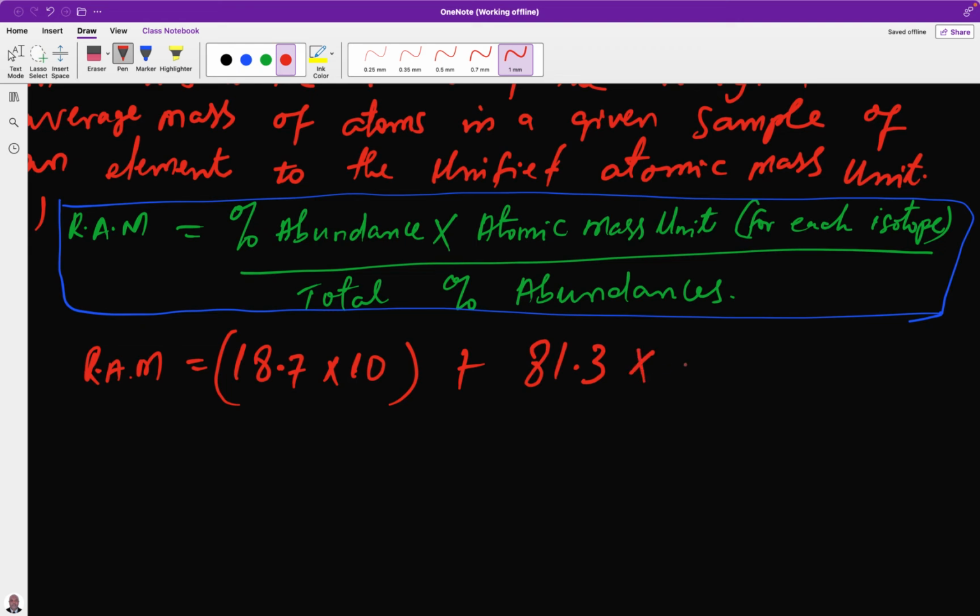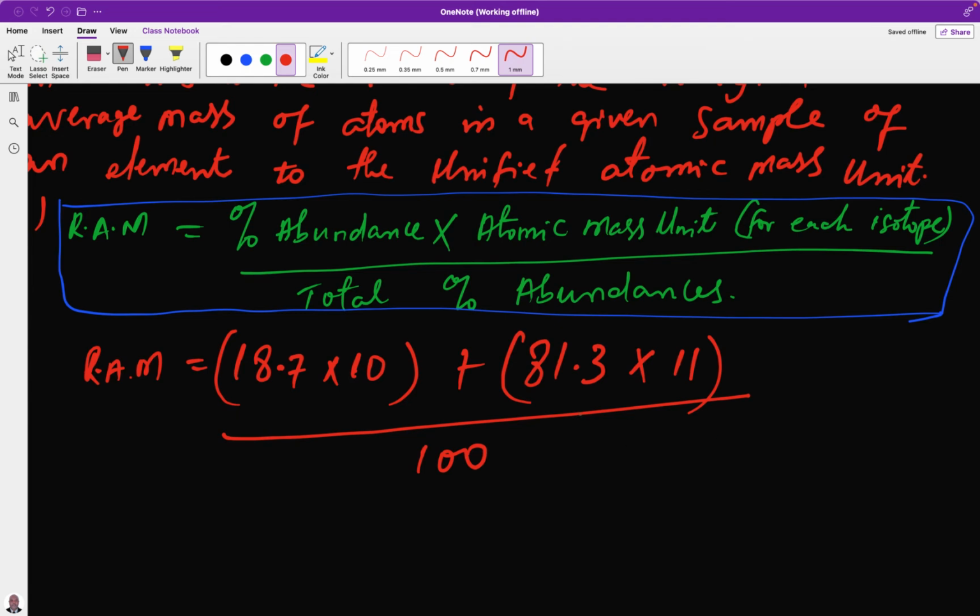Boron 11 means it had an atomic mass unit of 11. Then if we add 18.7 plus 81.3, we'll have a total percentage abundance of 100.